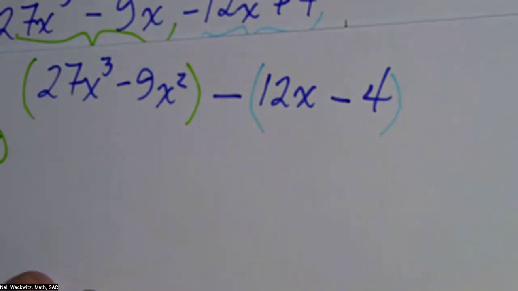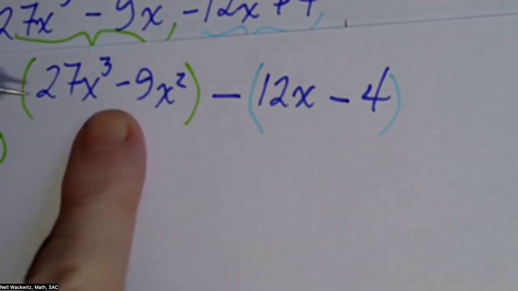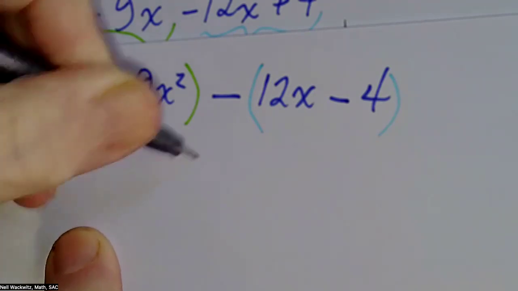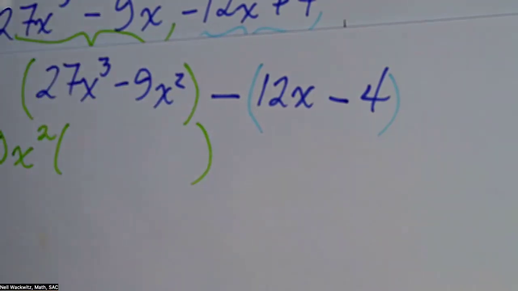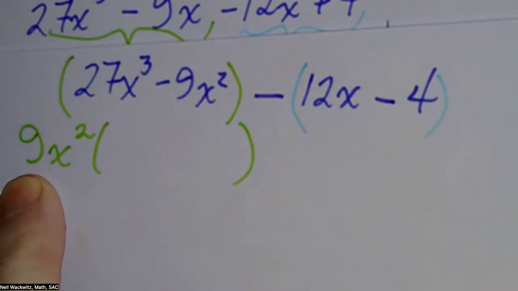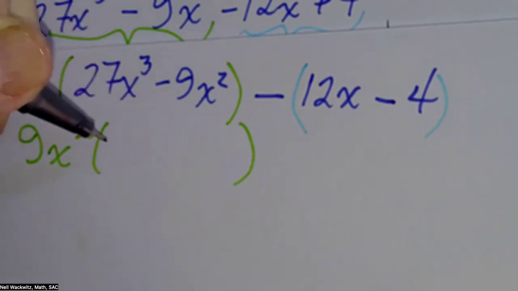Okay. So yes, that's correct. Between x cubed and x squared, we can pull out an x squared. And just like we talked about last time, we can think of factoring as dividing. 27 divided by 9 is 3, so 3x.